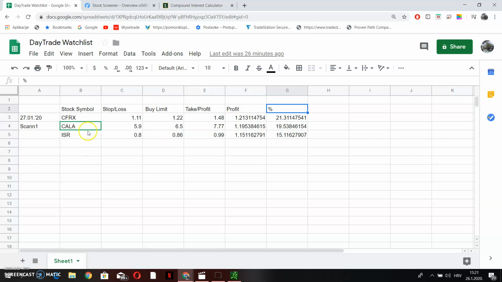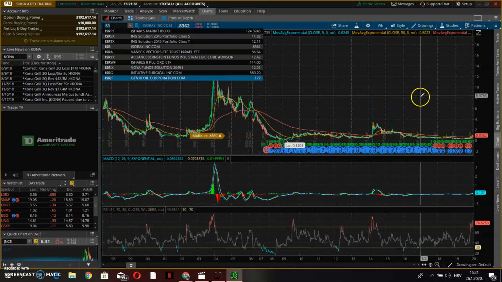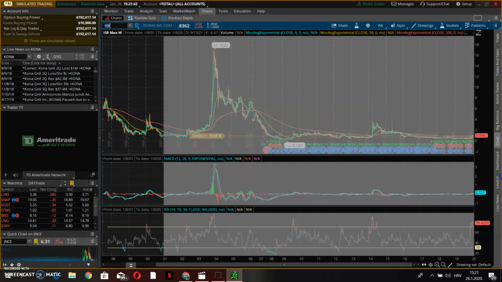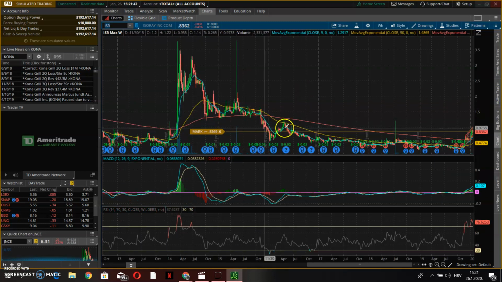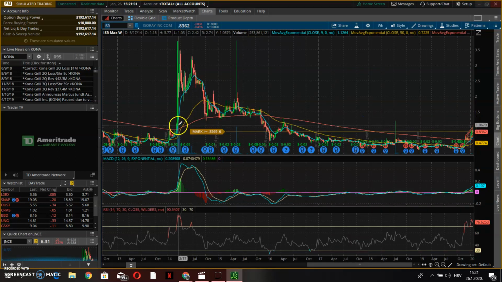Okay, let's take a look at this. Okay, ISR, start from the bottom. Wow, this is overall downtrending, but it is currently uptrending. Did you see the last time when this broke these?